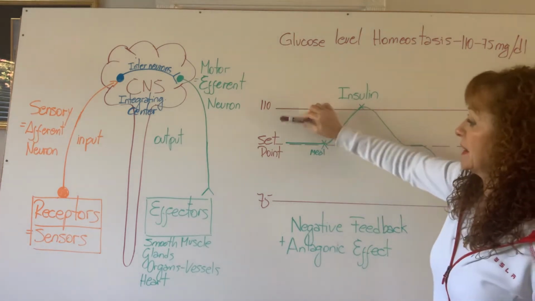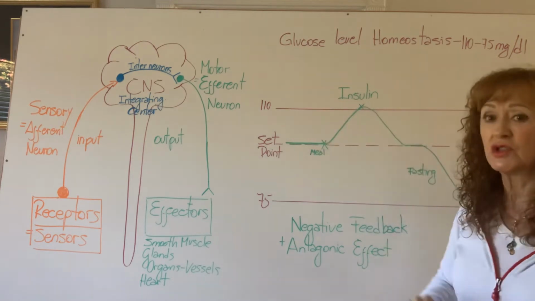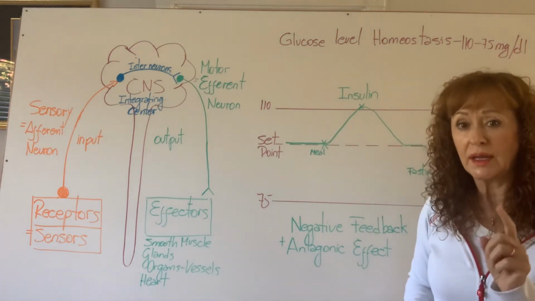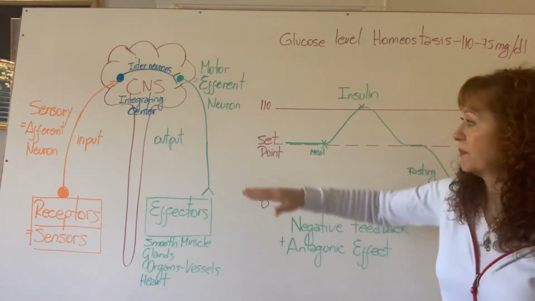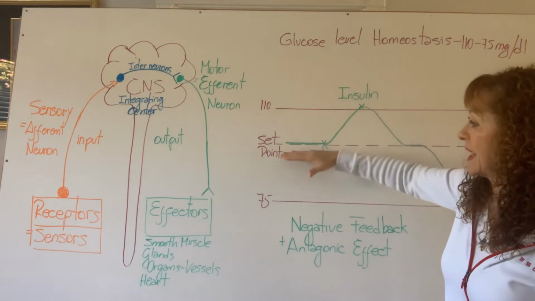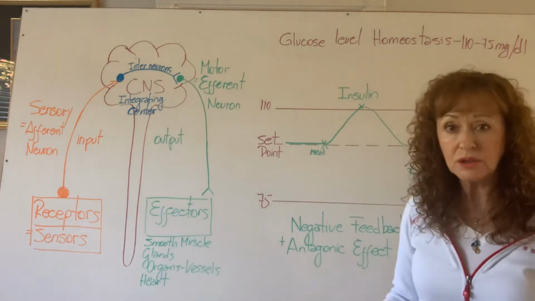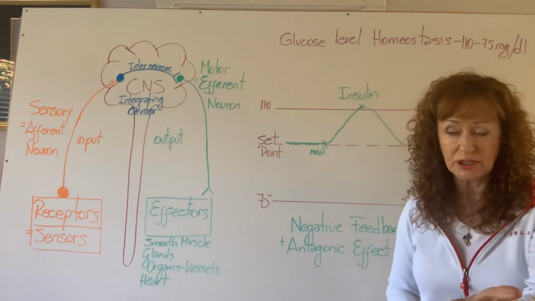In between these numbers, any number that we have is considered normal. And in your book, you read one word that is called set point. This set point is any number in between the highest and the lowest one. I also mentioned that my set point doesn't have to be your set point.